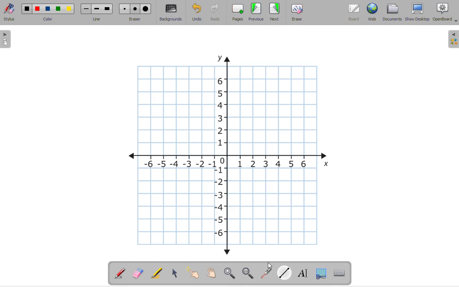So let's say, how about, I gotta make sure I find ones that work well. How about this? How about that? All right, let's find the equation of that line. First step, let's write y equals mx plus b.